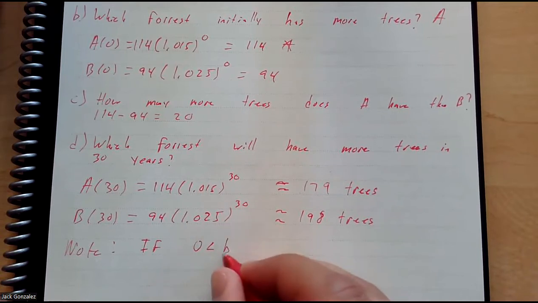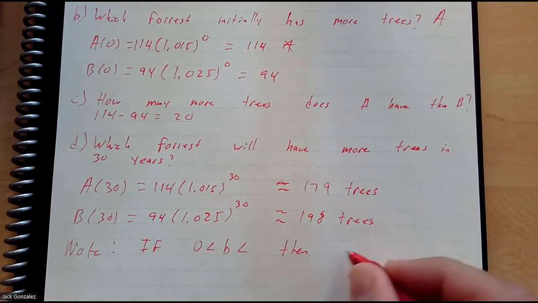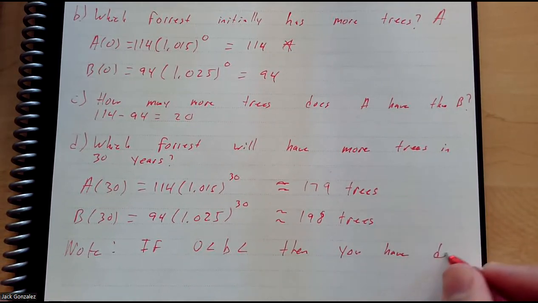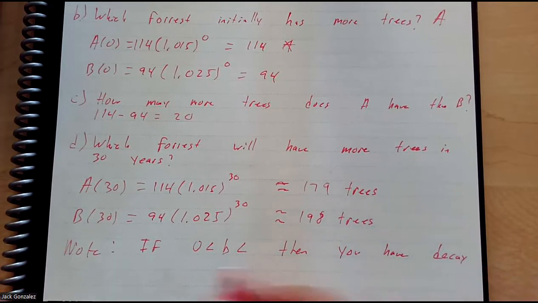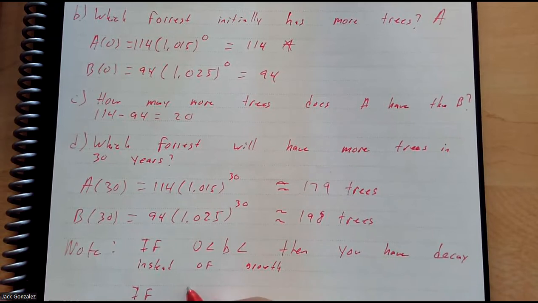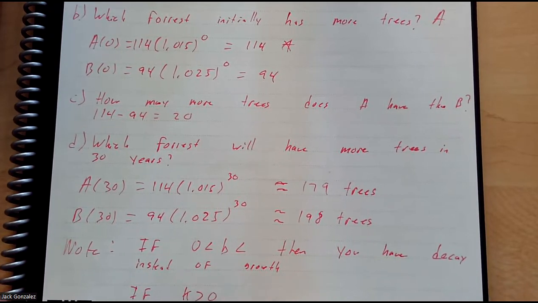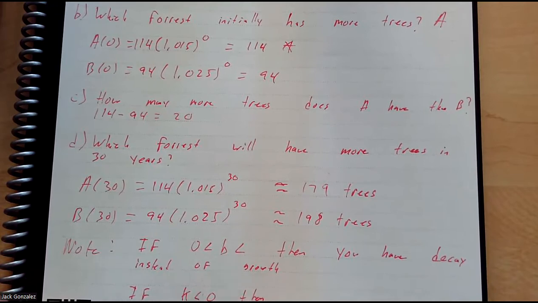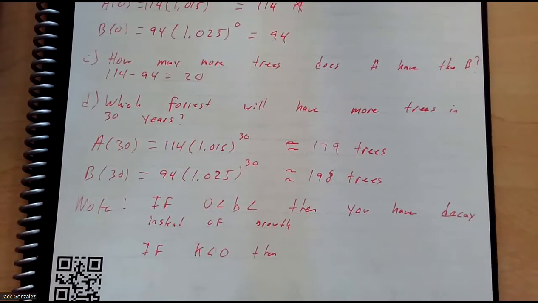If B is between 0 and 1, then you have decay instead of growth. If K is less than 0, then you also have decay.